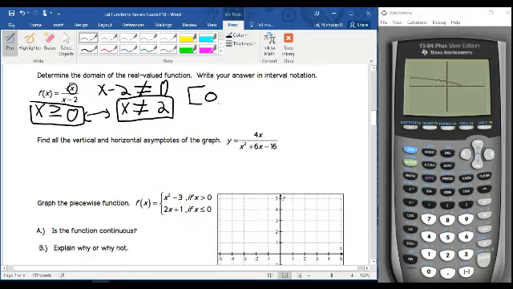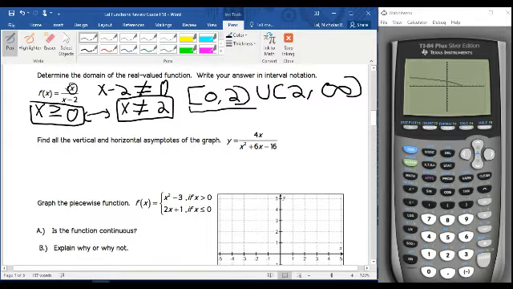So we go from 0 to 2, but not inclusive. Then we can choose all values greater than 2, so I'm going to write a union, and go from 2 to infinity. And so that's the domain of f of x.